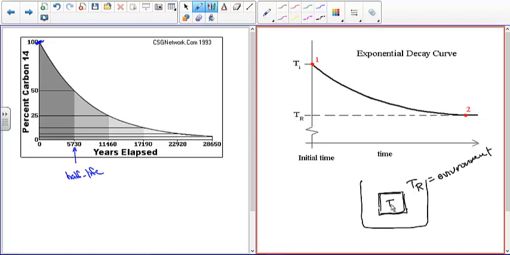So if you think of a cold glass of water, the atmosphere that's surrounding that would stay at the same temperature. As this cools off, it's not going to warm up the environment. And what you'll see is that it decays in an exponential decay type situation.